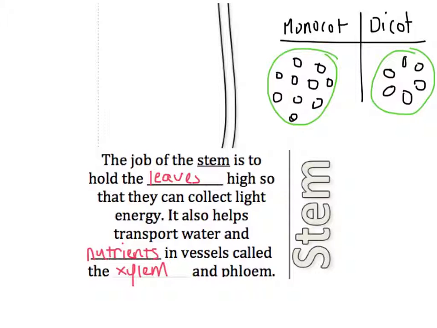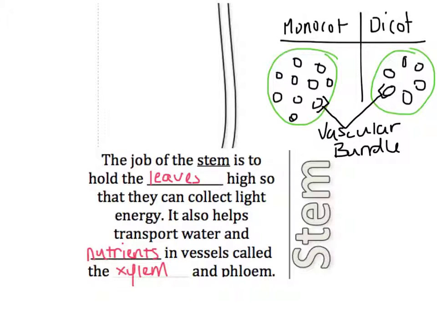Again, we call these bundles vascular bundles. So the actual entire bundle of cells is called a vascular bundle. And to be more specific as far as what those bundles are made of, we have parts of the plant, the xylem and the phloem, that comprise portions of that vascular bundle.